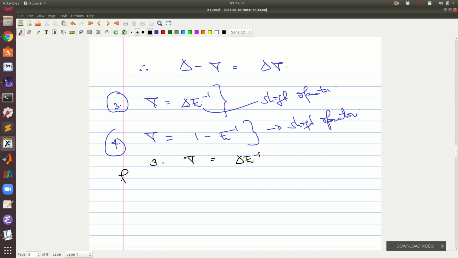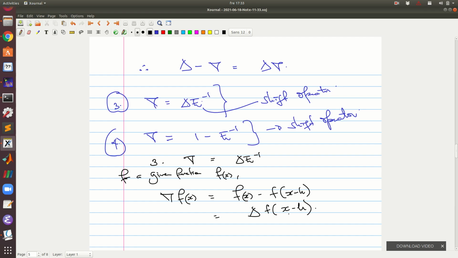So for a given function f of x, the backward difference operator at f of x, by definition, is f of x minus f of x minus h, which is the same as the forward difference operator of f at x minus h, because we know the forward difference of f at x minus h is simply f of x minus f of x minus h.